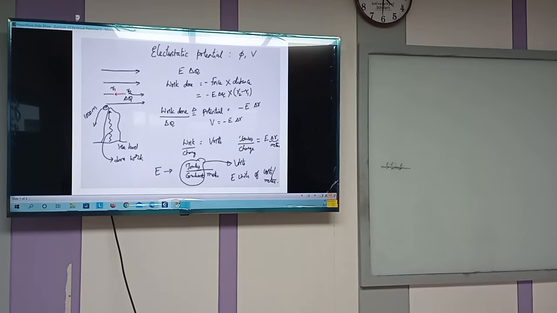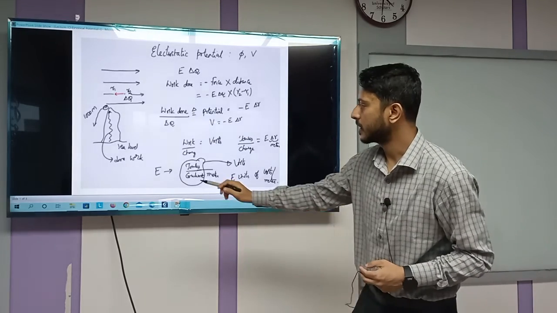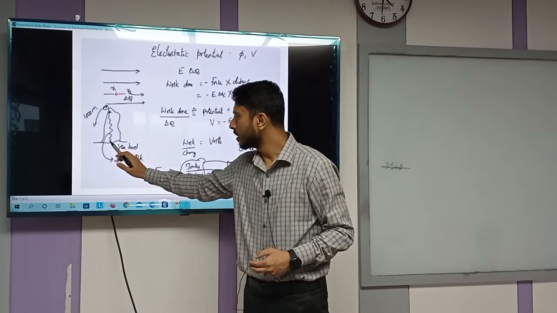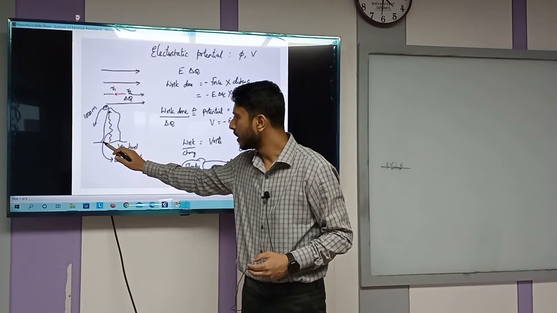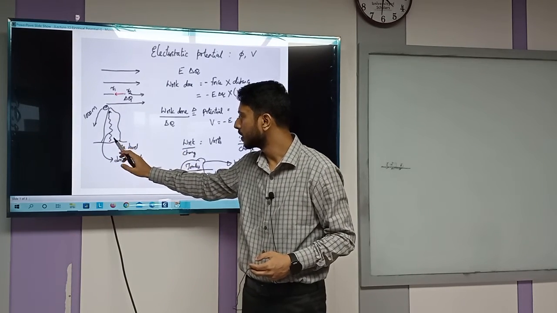Now, what is the significance of the potential? You remember from your mechanics courses that, for example, you have an object lying at sea level. Let's say this is the sea level, you have an object here and you have a huge mountain over here.